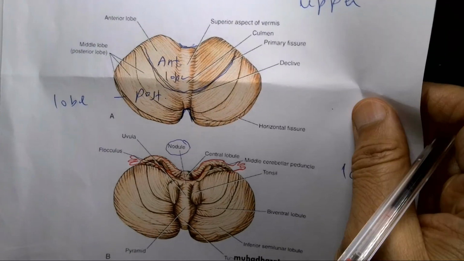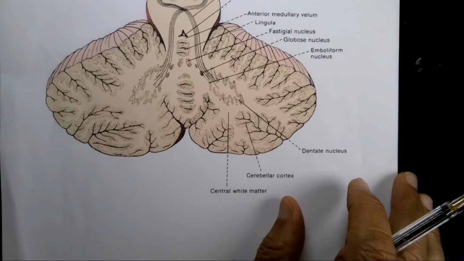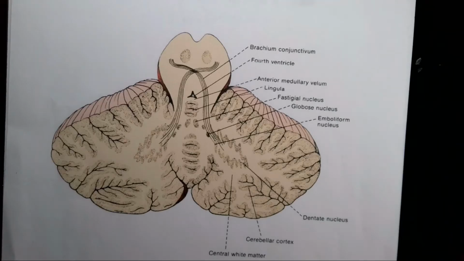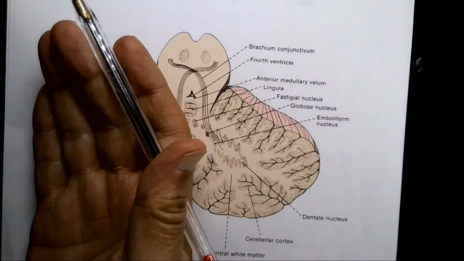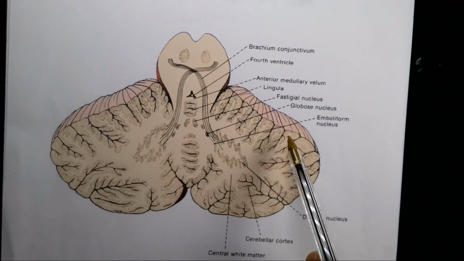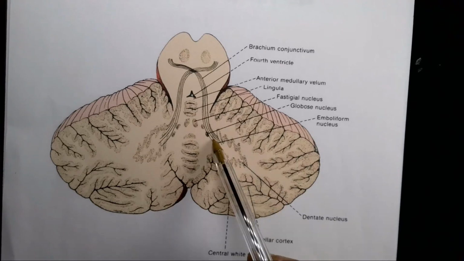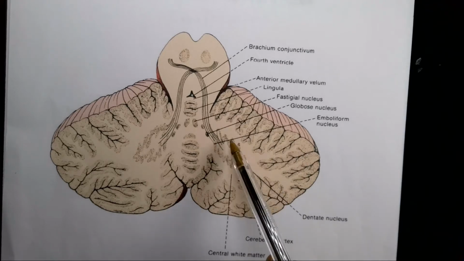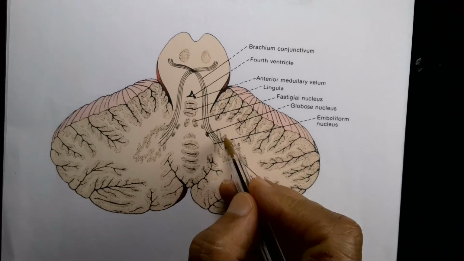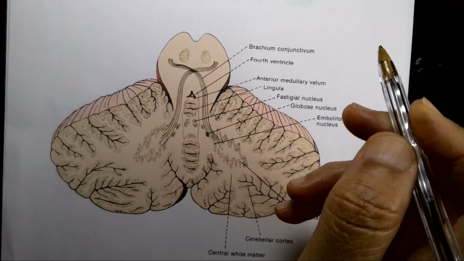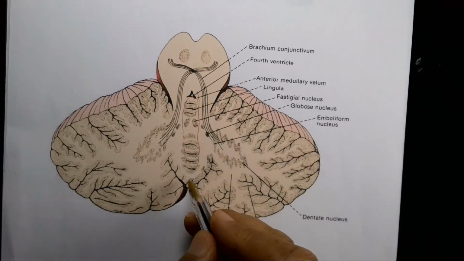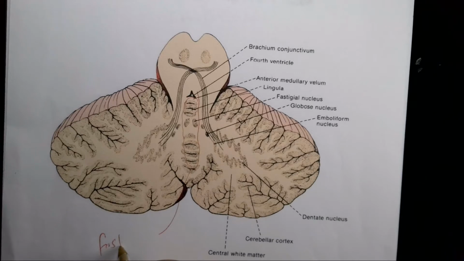Then the most important thing is the cerebellar nuclei. If you cut a section through the cerebellum, you start to see gray matter and then white matter, then you have nuclei inside. The nuclei are three groups. The central one we call the fastigial nucleus.